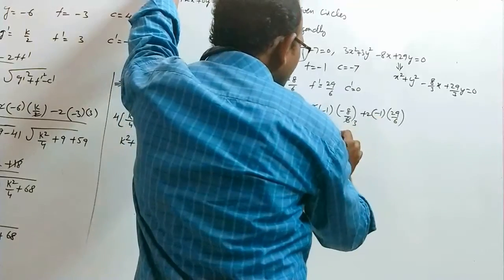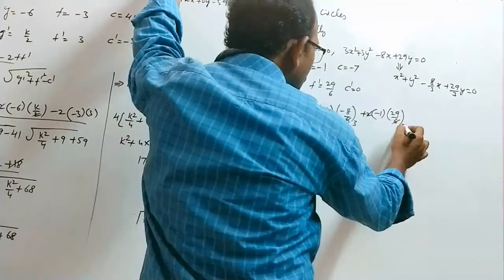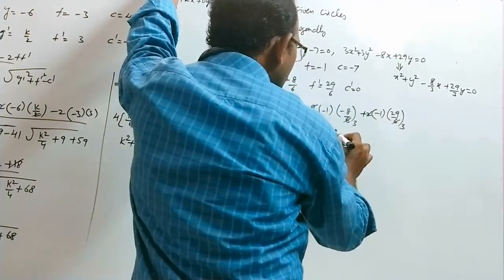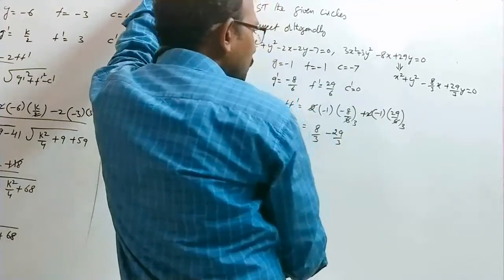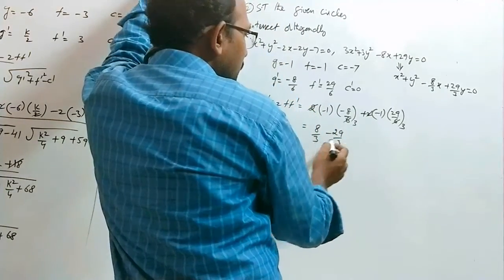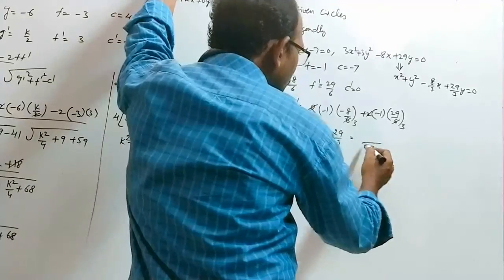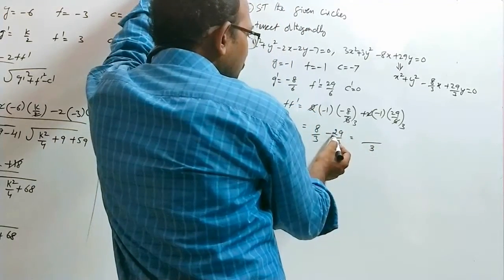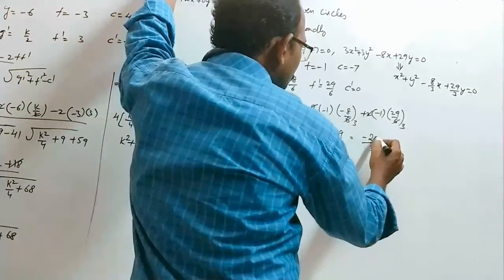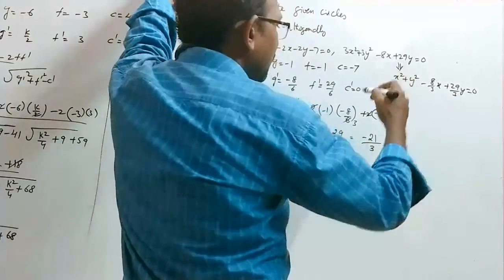Here minus, here also 2 1s are 2, 3s are, minus 29 by 3. Therefore minus 29, LCM is 3, therefore that is equal to 3. Same, minus 29 plus 8, minus 21, that is equal to minus 7.